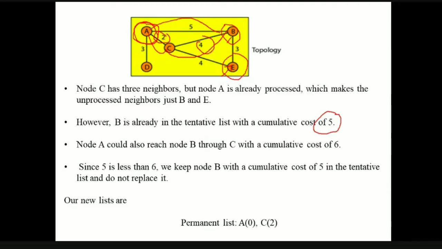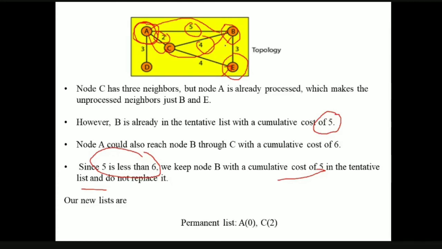But A can also reach B directly, which is 5. Since 5 is less than 6, what will we do? We keep node B with the cumulative cost 5 in the tentative list. We will not replace it. So do not get confused. A can reach B with 5, and A can reach B along C.